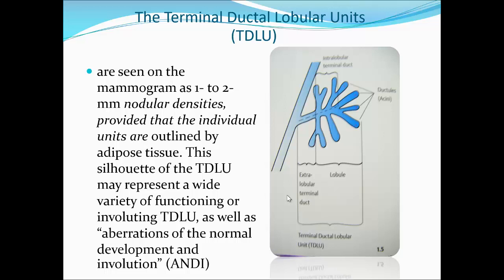Or involuting, and this occurs with age, and also there is aberration of the normal development and involution. What we name the proliferative breast disorders, including the fibroadenosis, the fibrocystic breast disease, this all, I like to term them aberrations of the normal development and involutions.